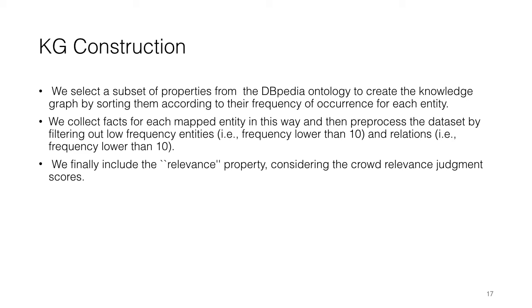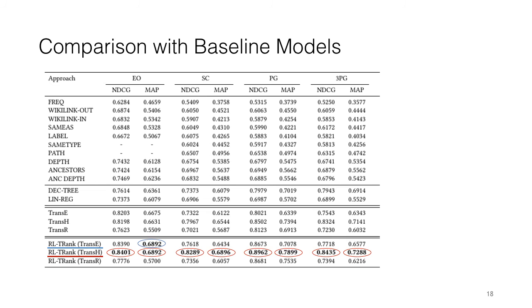In this slide, we report the experimental results. We marked the best results with a blue and red circle based on the method. As you can see, RLT rank models outperform the baseline models along with the structure embedding models.